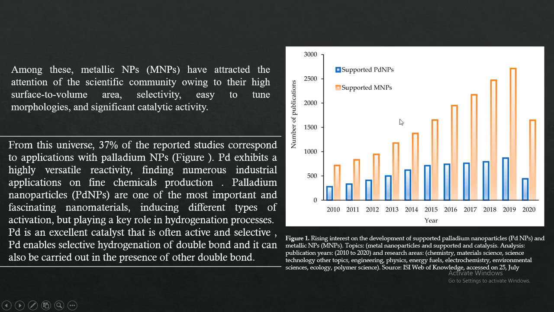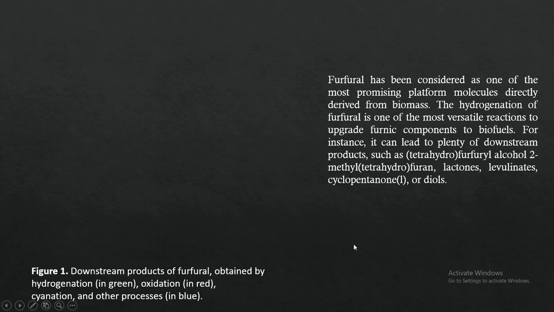So it is very useful, and it has attracted the attention of the scientific community. Because of their high surface area, selectivity, morphologies and significant effects, platinum is a fascinating nanomaterial, used not only in activation but also playing a role in hydrogenation. So there is rising interest in the development of supported platinum nanoparticles and metallic nanoparticles.